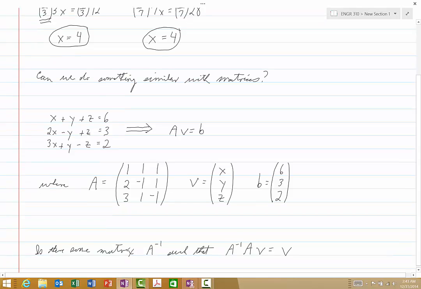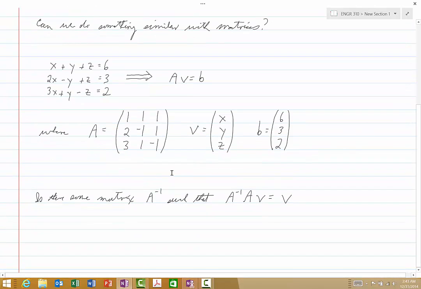So we want to find some matrix that we could multiply by on the left-hand side such that A inverse times A times V would just give us V alone. And then, of course, we would multiply the right-hand side by that same matrix, and after doing the calculations, then we should have our answer immediately.